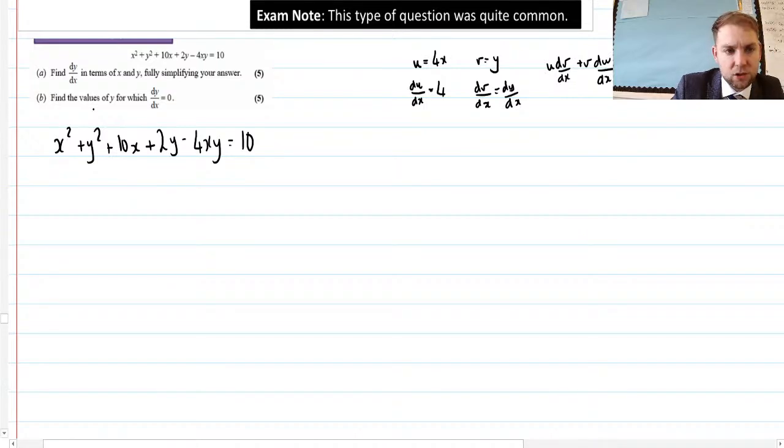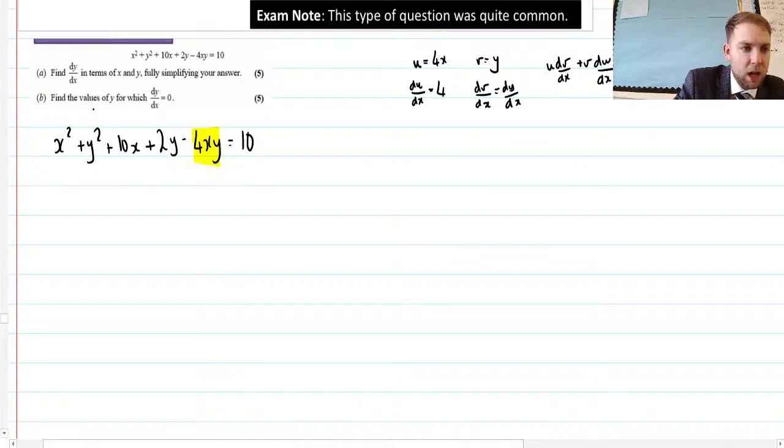So just so we know, this part here is the differential of this part here. There's a minus in front of that, which is really annoying. Just be careful of that minus now.